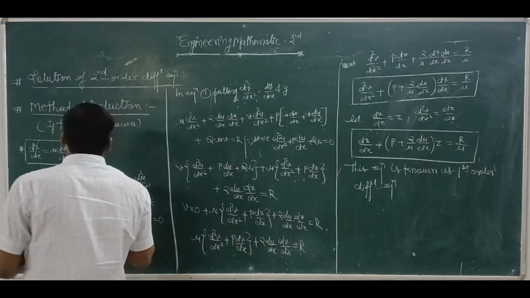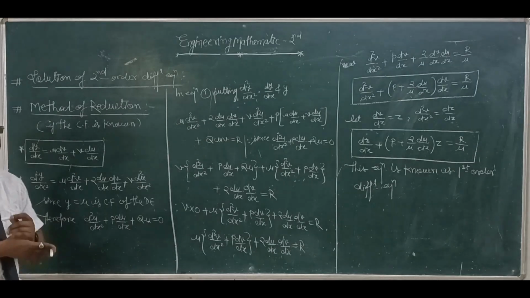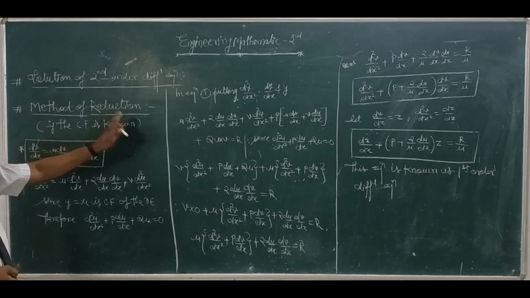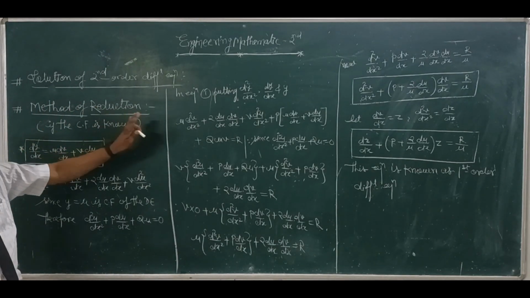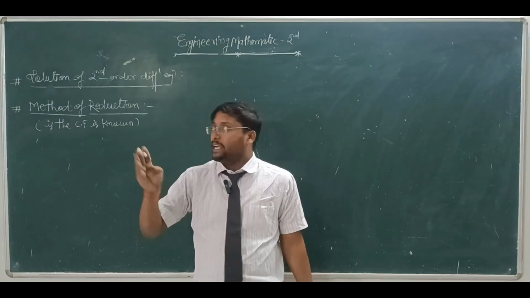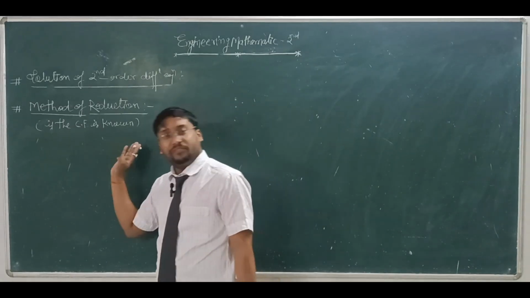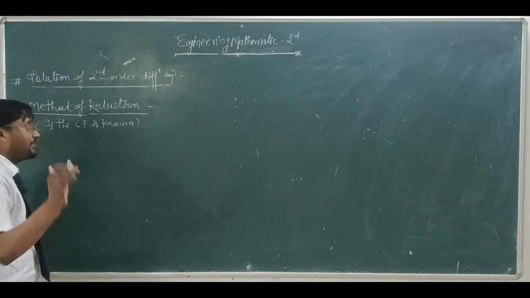This is your v. Now, first of all, you can note down this numerical problem. This is very important for the second order differential equation method of reduction. If the CF is known, these are numericals related to the reduction method.